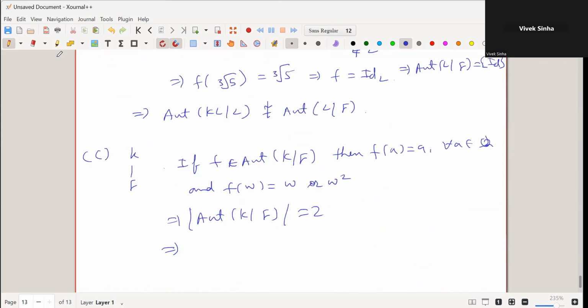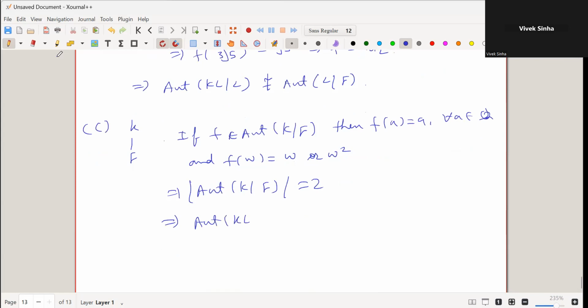So KL over L is isomorphic to K over F, and they are both isomorphic to Z2, right?